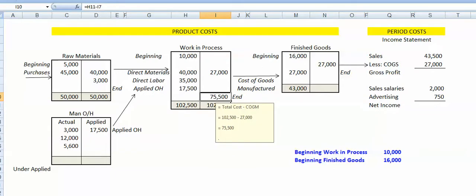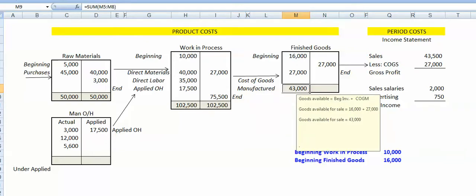So we can go ahead and calculate what would have been our ending work in process inventory. That would be our total cost of $102,500 minus our cost of goods manufactured, that was the $27,000. So we have ending work in process would have been $75,500.